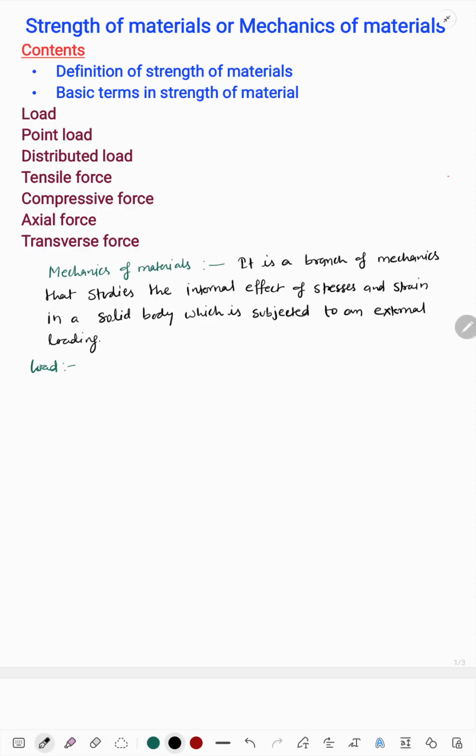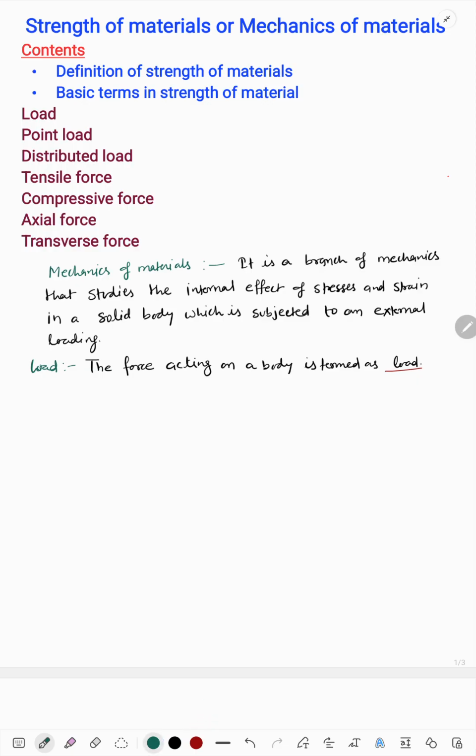The force acting on a body is termed as load. This is the load definition.